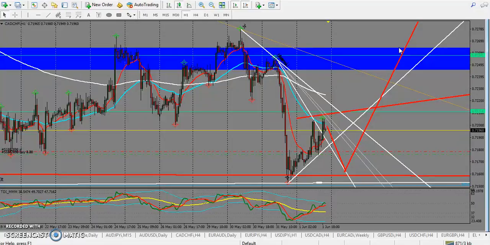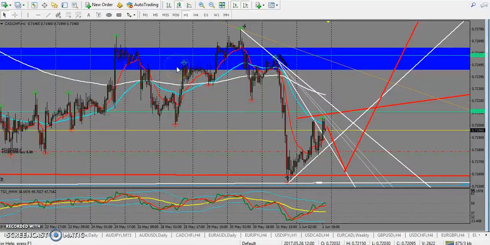So at this point, I'm just going to let the market do its thing. If it comes back, that's just a better entry. That's the way I look at it. Create a better entry, go long. If it doesn't want to go long, then hey, it's more opportunity at this point.